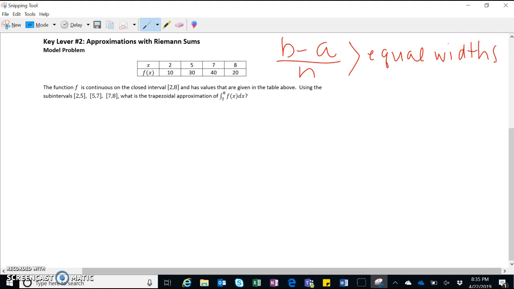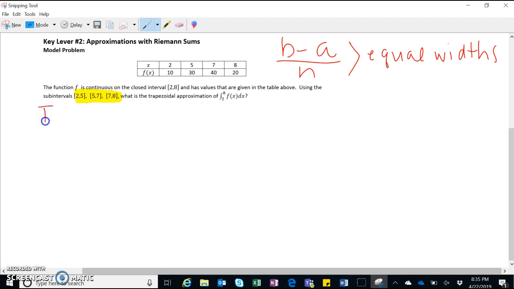Nowhere in this question do I see anything about the intervals being equal or the widths being consistent. In fact, they actually go so far as to tell us the intervals to consider, and upon inspection those are not equal width at all. So we have to be really careful about that. Y'all always fall for that one.